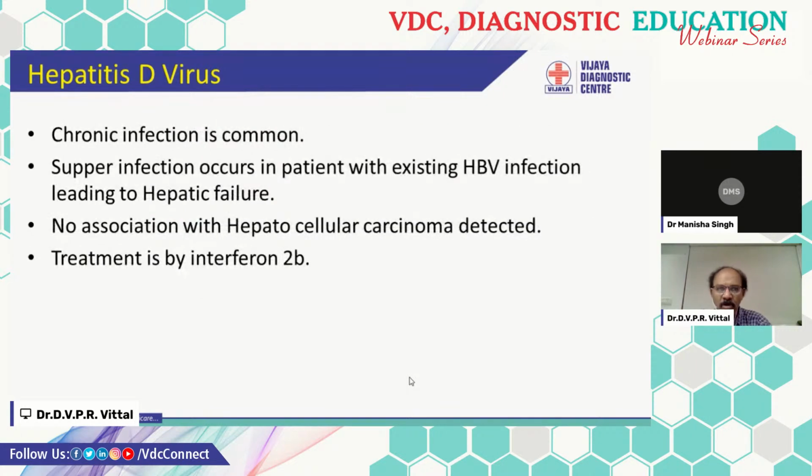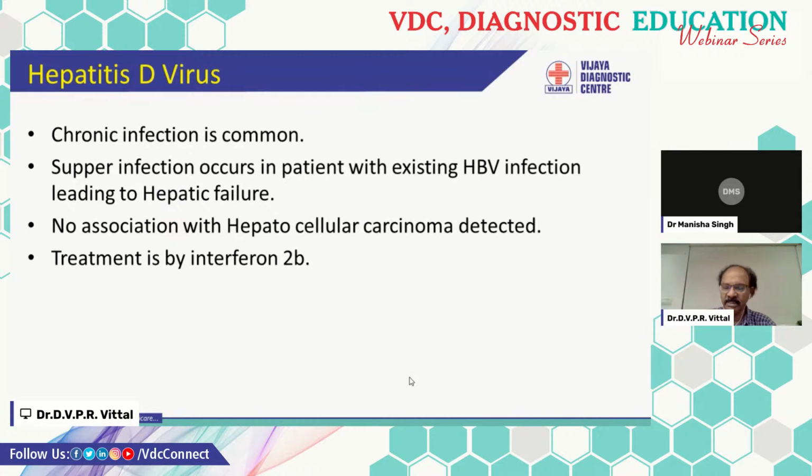Chronic infection is again common in this, and these super infections also lead to hepatic failure. The most common cause for mortality in these cases is hepatic failure. There is no association of this particular virus with hepatocellular carcinoma. At least there is no study which gives its association with hepatocellular carcinoma.